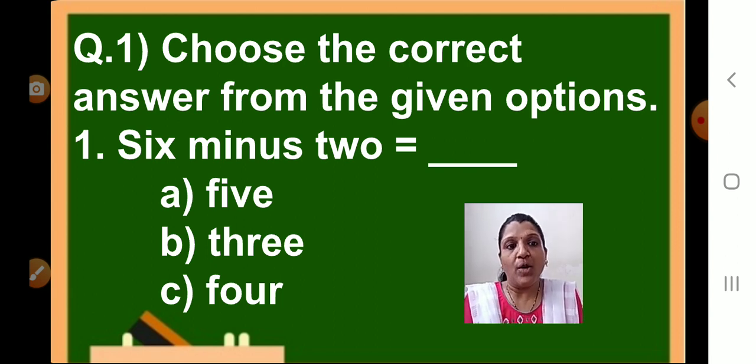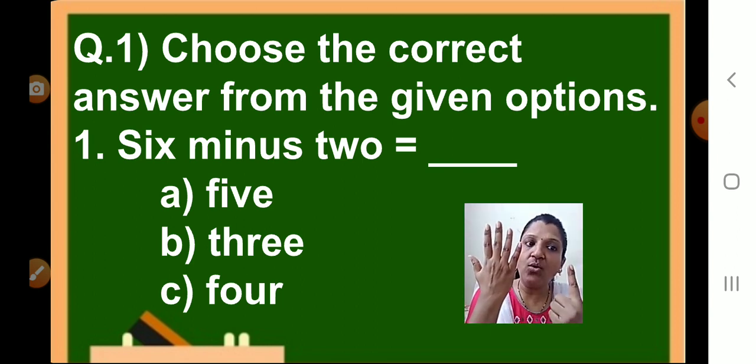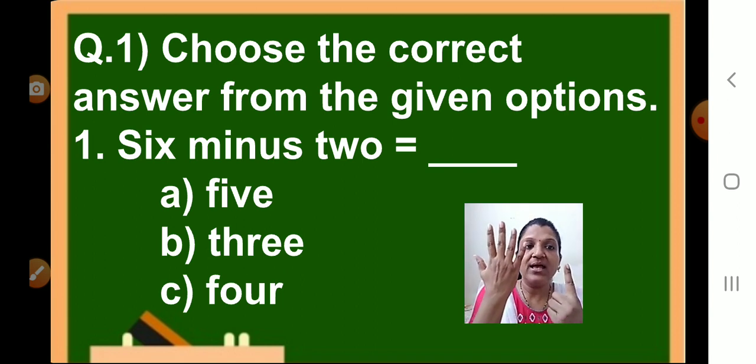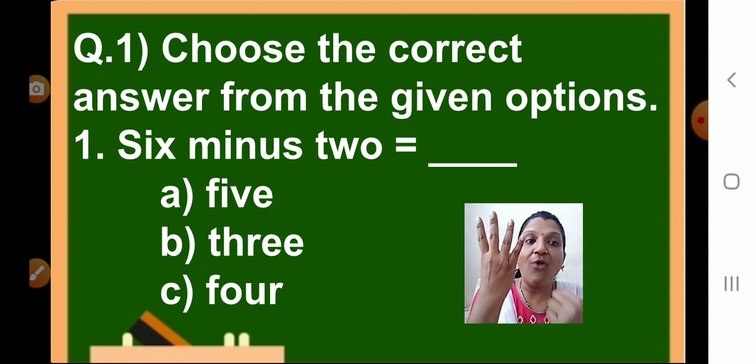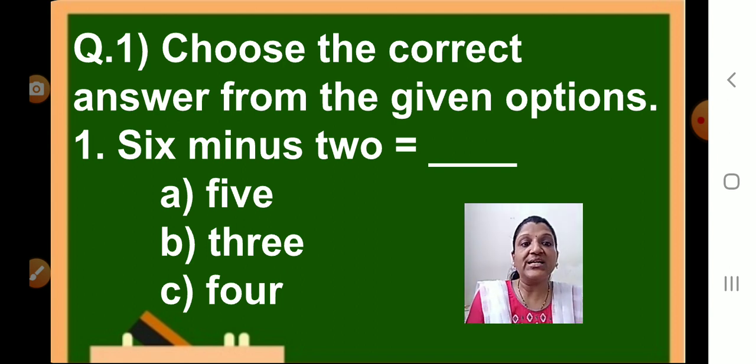Now let us read the options. A. Five, 5. B. Three, 3. C. Four, 4. Now options are also given as number names. So first let us solve this sum. 6 minus 2. So open 6 fingers and close 2 fingers. 1, 2. How many fingers left? 4. Correct. So which is the correct answer from the given options?